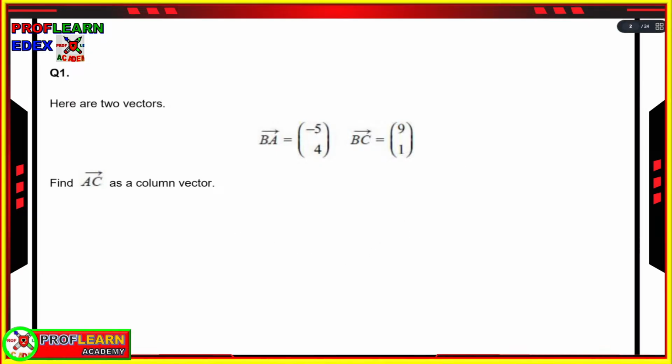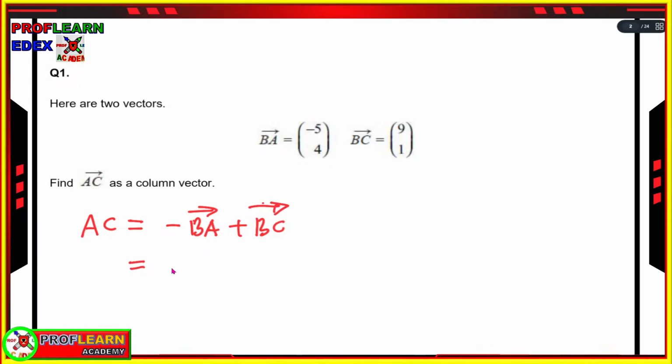Of course, when we are given vector BA, we are going to say that AC is going to be equals to negative of BA plus BC, so that we can be able to add the two position vectors.